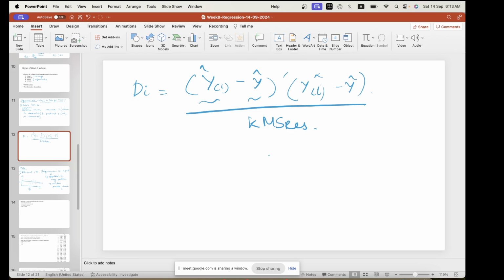Okay, so this can be notationally written as the summation over j of yi j minus yj hat whole square divided by k into ms residual.